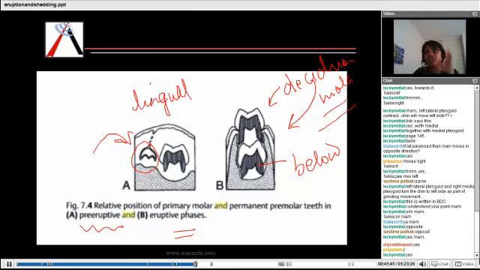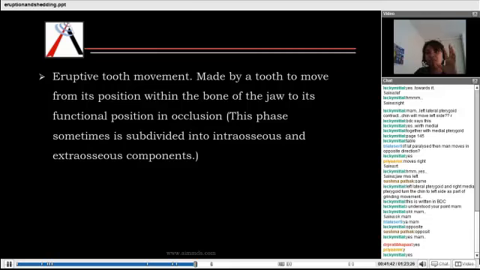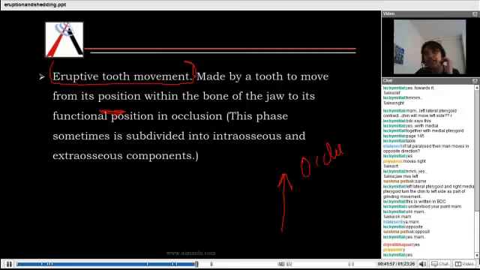So this is the position change that happens in the pre-eruptive and eruptive phases. Eruptive tooth movement is when the tooth starts moving from its position within the jaw in the occlusal direction.